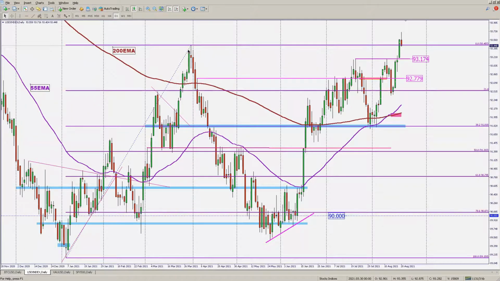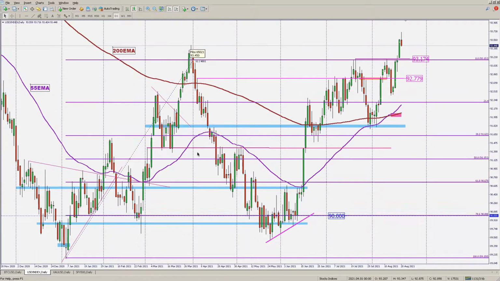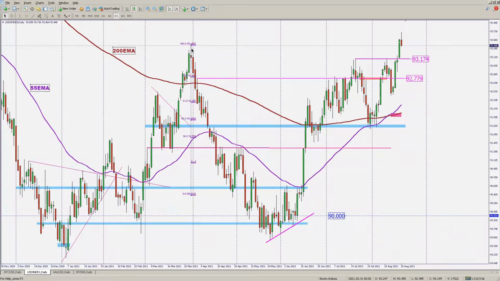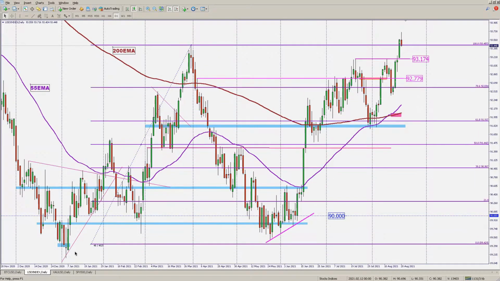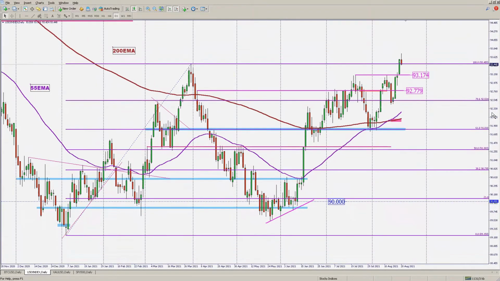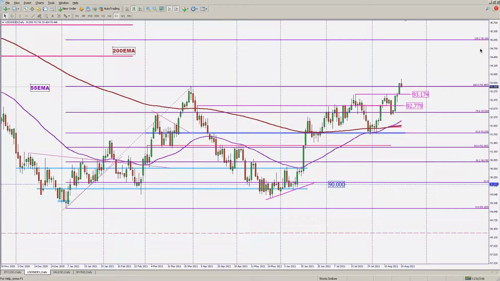All right, so let's also flip this Fibonacci around to find the extension. And that's targeting the 138 fib at 95.10.